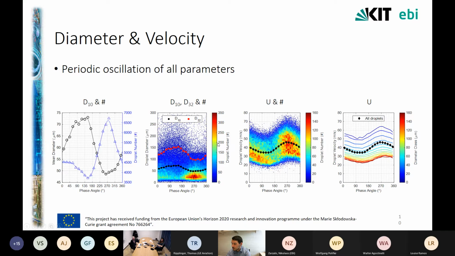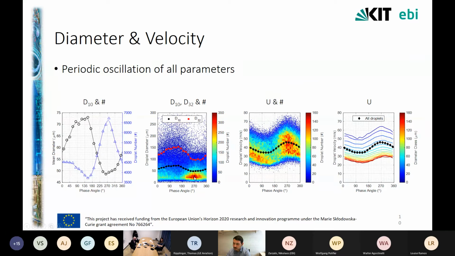In color, you see the number density, because in this region the dots are so many, this helps visualize the number of droplets in each phase angle. And we see that this trend in the color matches the droplet number, where a peak at around 270 degrees is noticed.